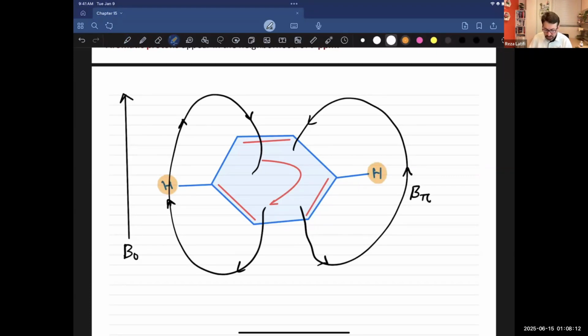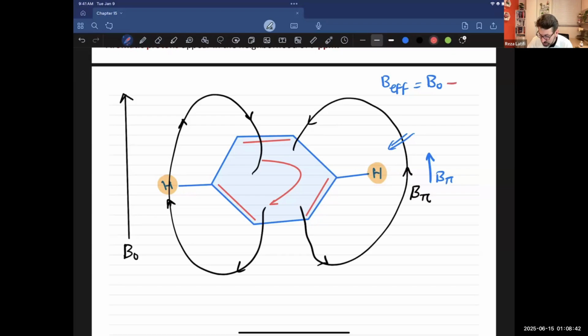They feel the external magnetic field. So the magnetic field that these hydrogen atoms will sense is equal to the external magnetic field that the machine is applying. Also, the pi system created a magnetic field that is aligned with the external field, in the same direction, and we said this is the magnetic field of the pi system.